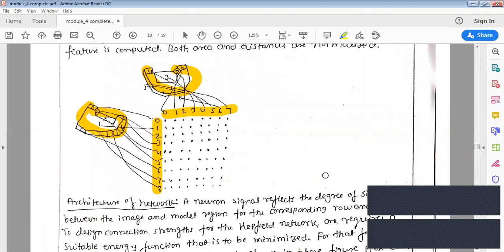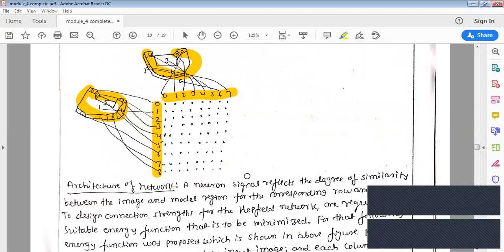Once you make the dimensions here, how are you going to train the network? Now, take some point, let us say 2 only. Whether the value 2 of this one will match with the value 0 of this one. Look at this point, whether 2 and 0 will be similar or non-similar.